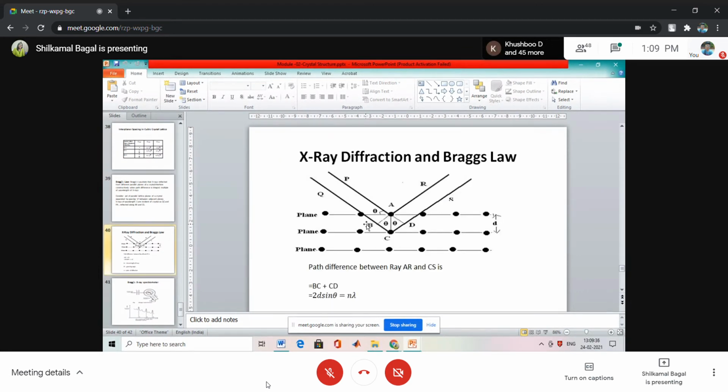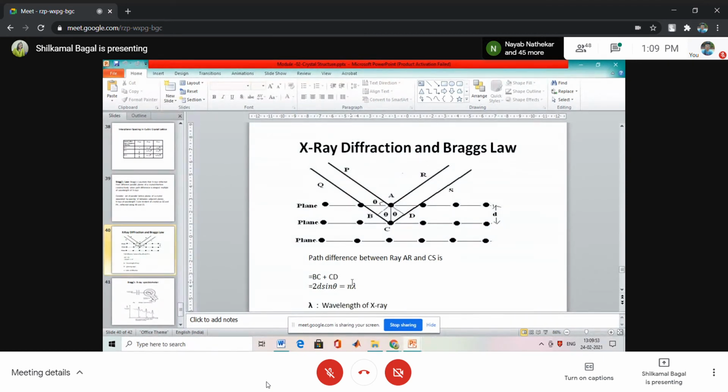You may write they are incident on the first and second plane respectively, and then reflected along AR and CS respectively. Then path difference between these two reflected rays from the successive planes is given by PC plus CD by geometry of the diagram, where theta is the glancing angle. You should mention this.